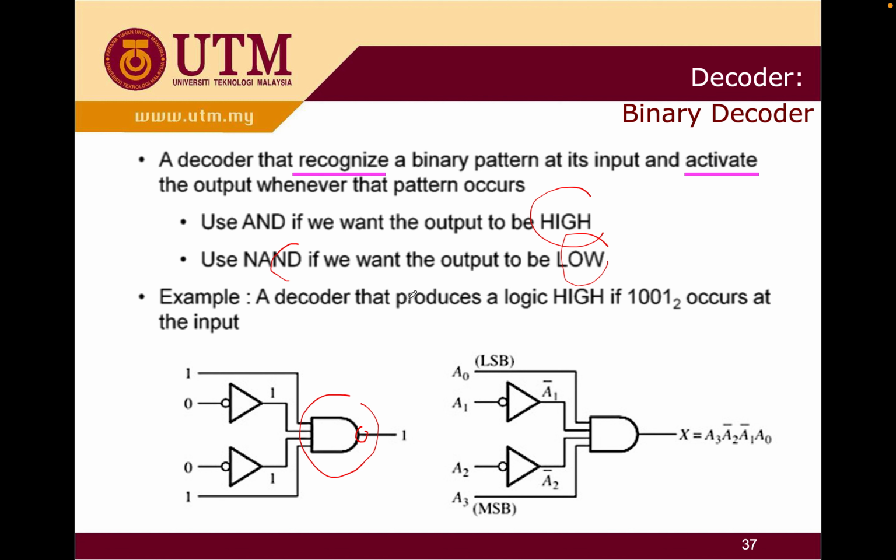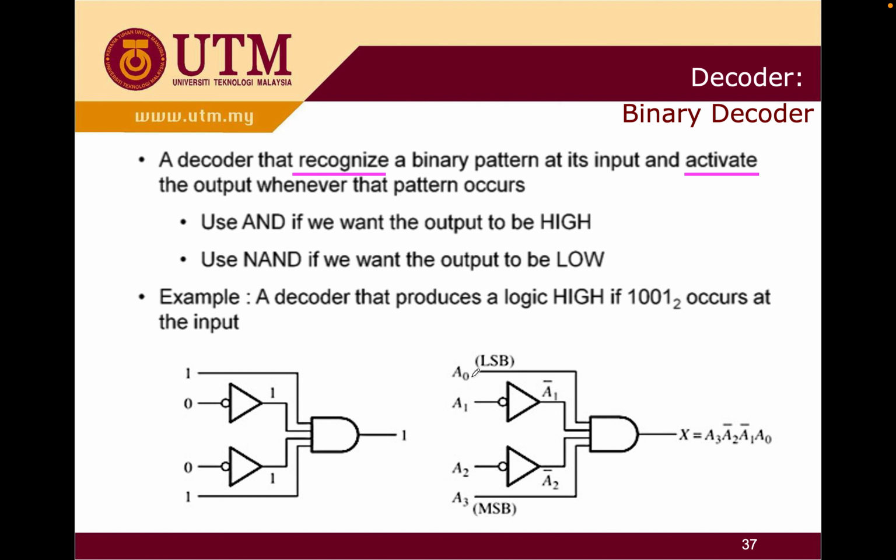Example, a decoder that produces a high if 1001 occurs at the input. Okay, you can try to use this circuit and check the output when you have this input. And you can see over here, okay, this is the thing.